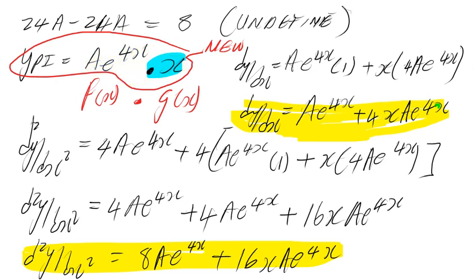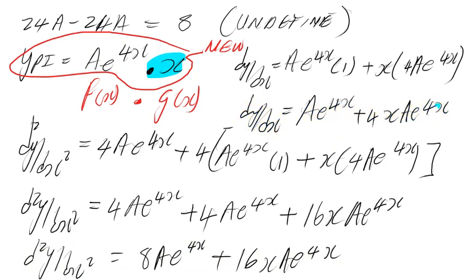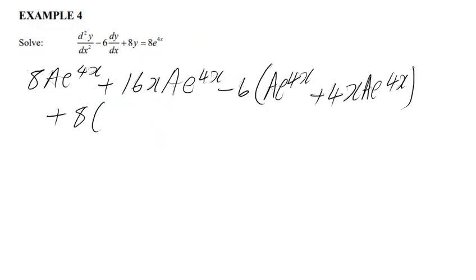So it's ae^4x times x. So you can just remove this and write 8, then this will be equal to 8e^4x.